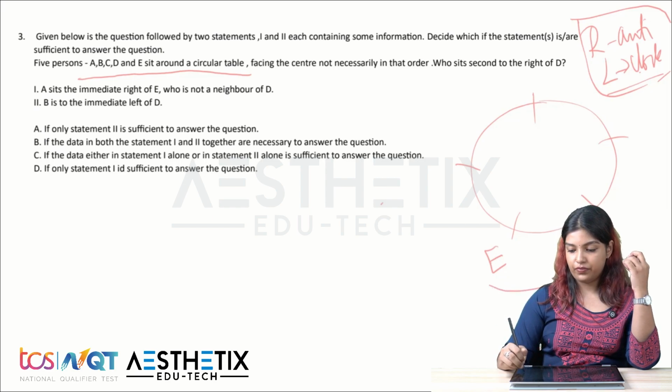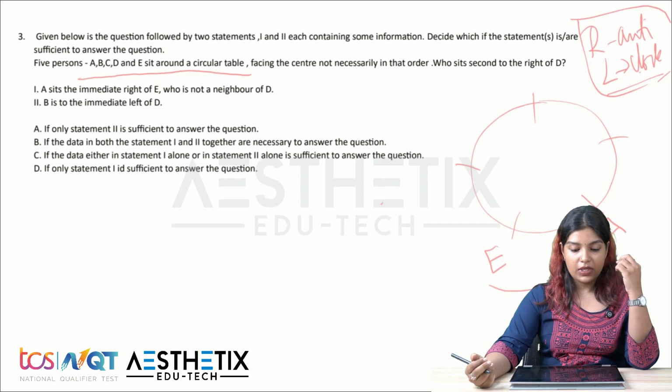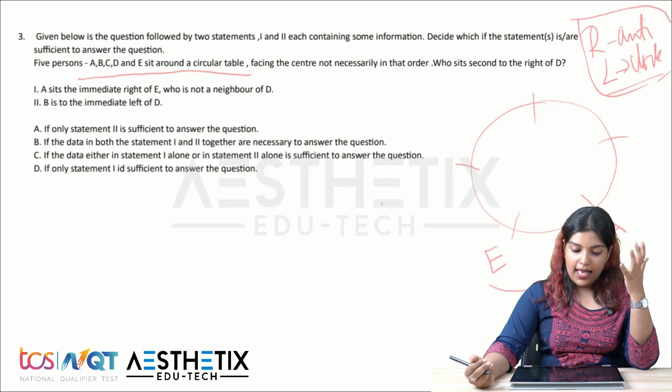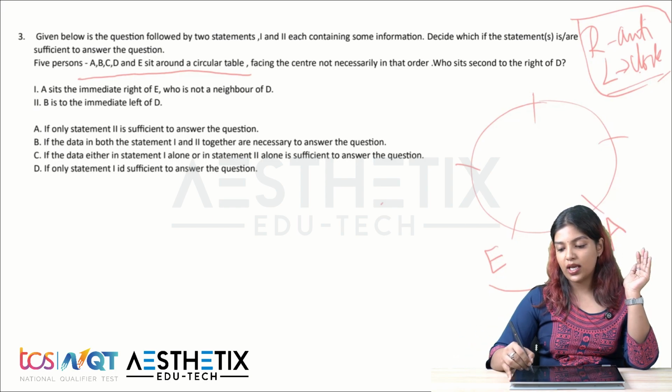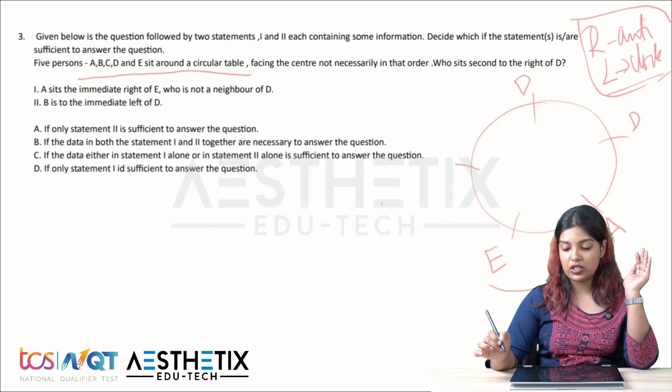It is also given that E and D are not neighbors. So there are only two places where I can fix D, here and here. I cannot fix D next to E.